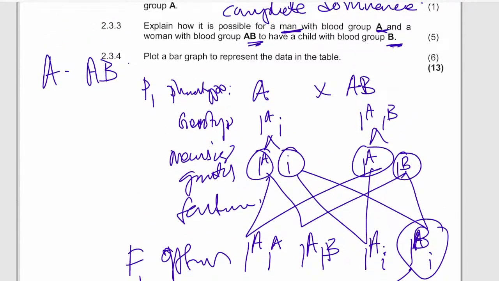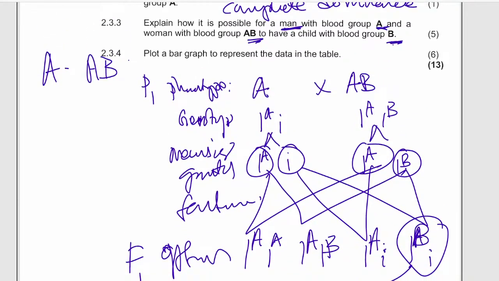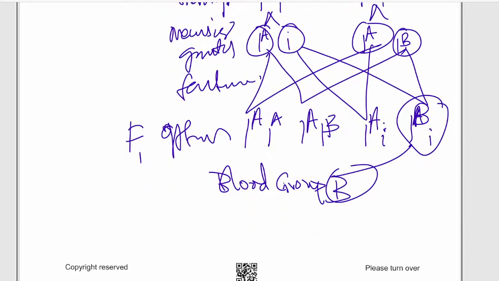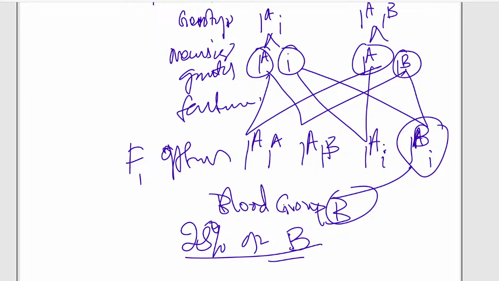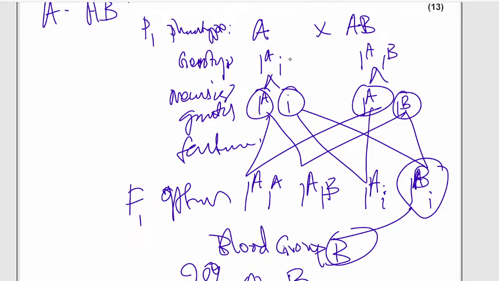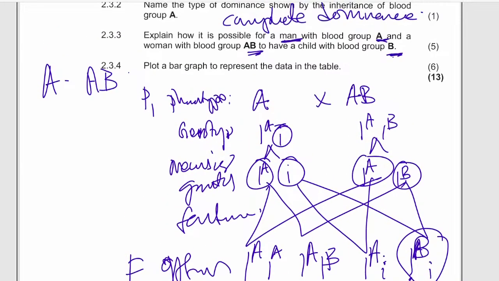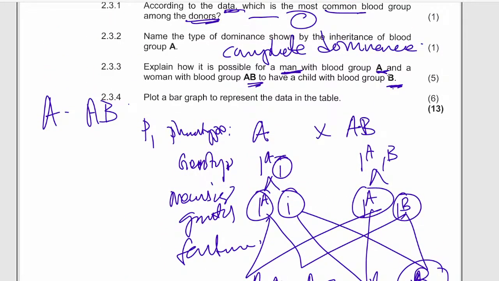Did I ask for the percentage? No. How is it possible? Meaning that you have a 25% chance of having a person of blood group B. You can explain in terms of the cross: the recessive allele from blood group A will be passed to the child. Who is blood group A?